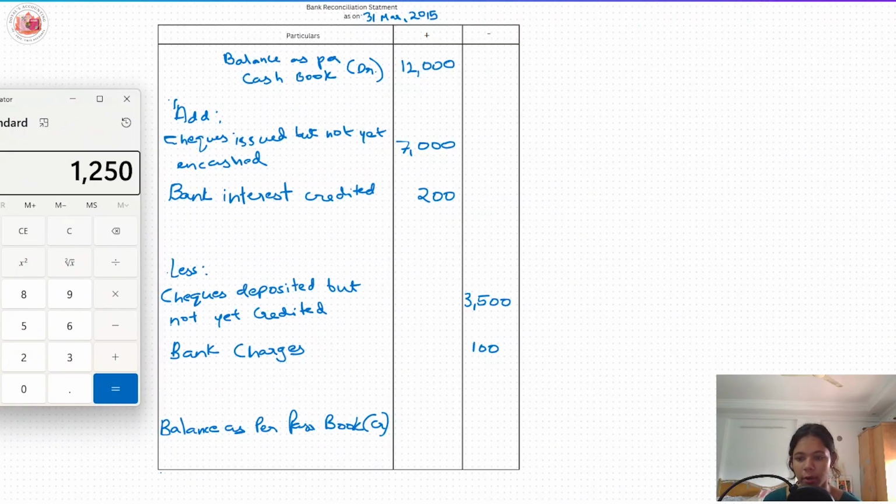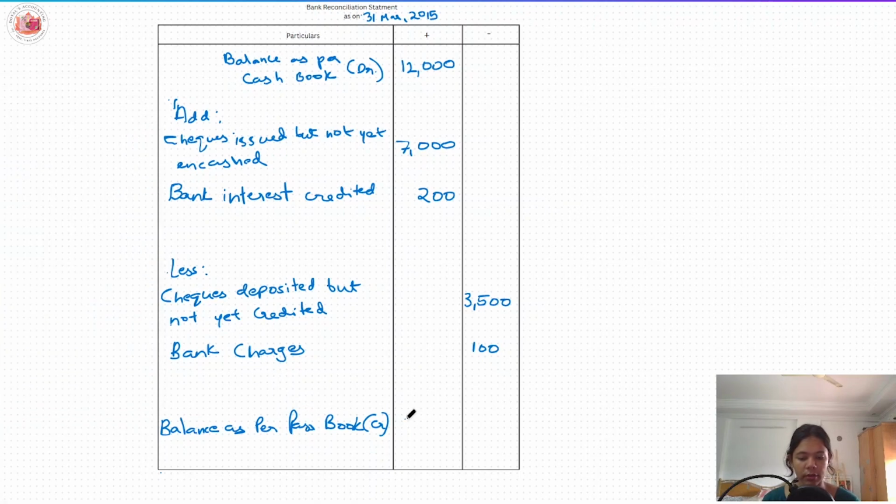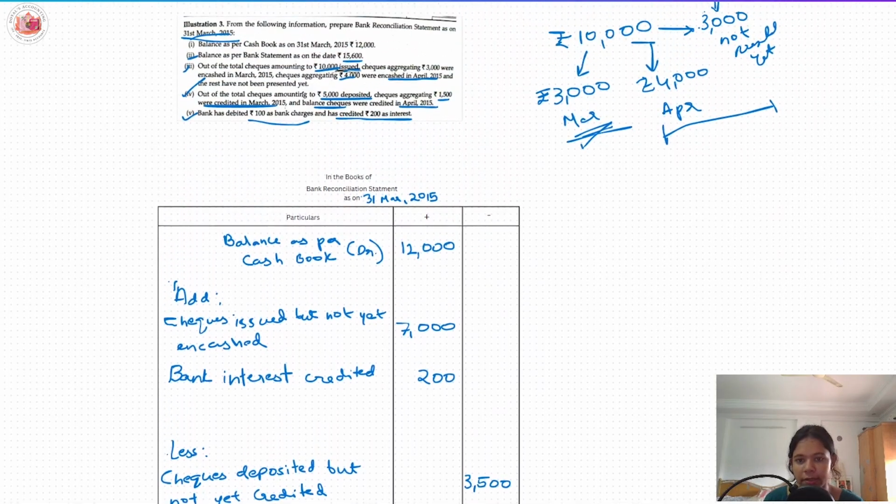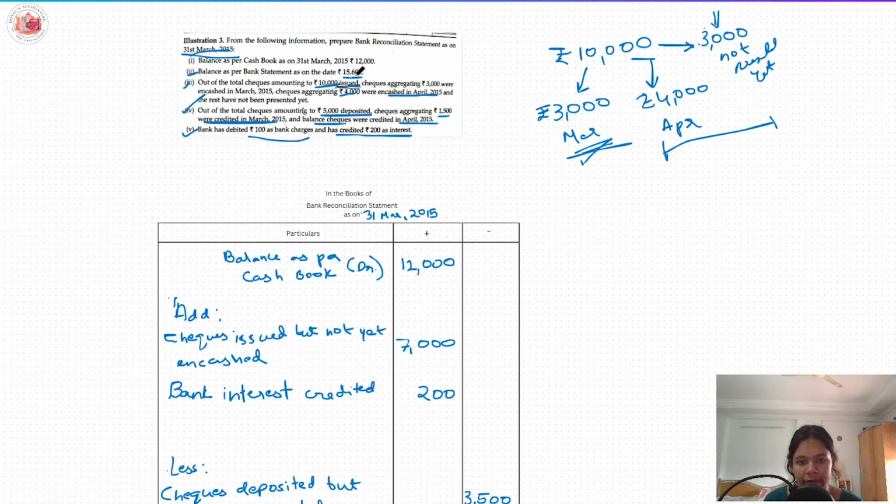So rupees 12,000 plus 7,000 plus 200 minus 3,500 minus 100 gives me 15,600. So I'll write here rupees 15,600. And what was given in my question? Balance as per the bank statement was also 15,600.